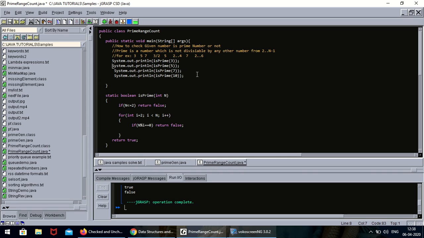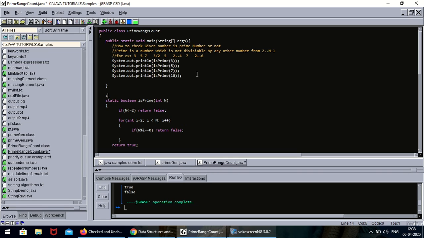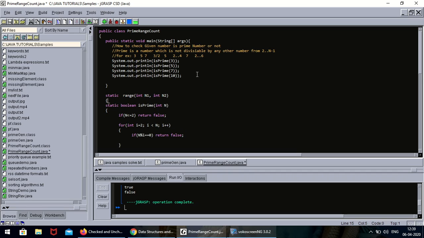If you want to find out the number of prime numbers within a given range, in that case, range int n1, int n2. Range of prime numbers.